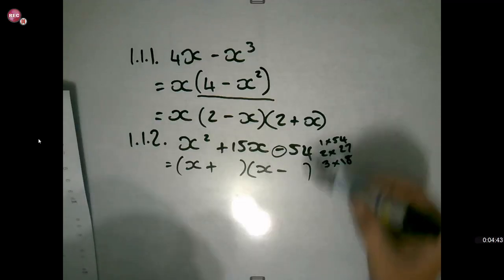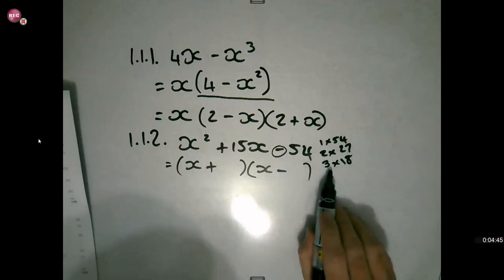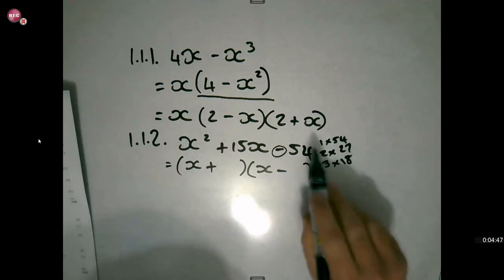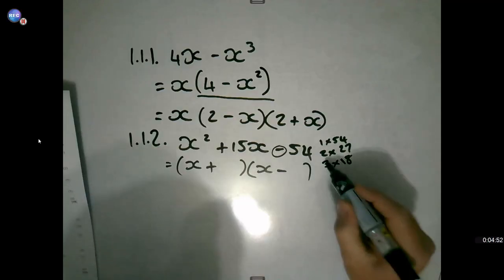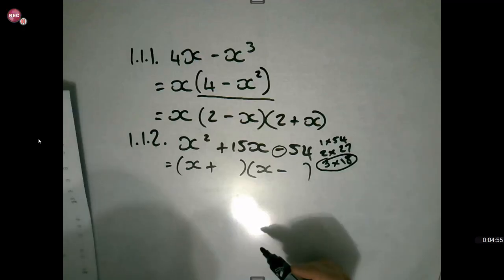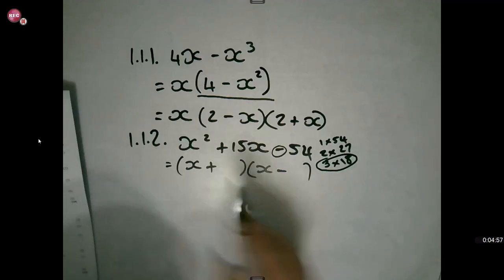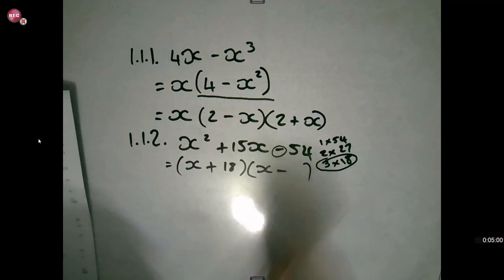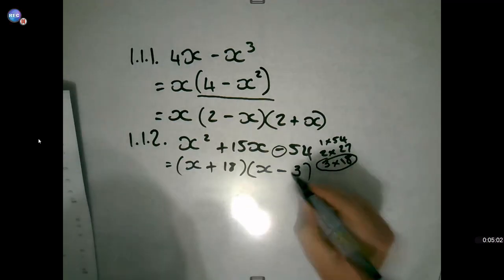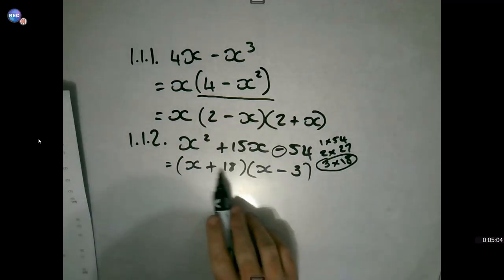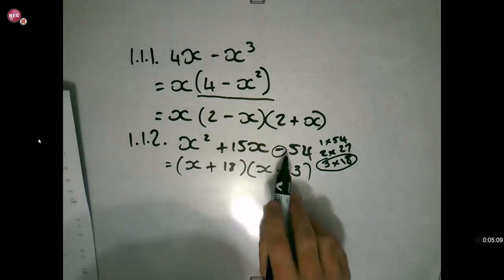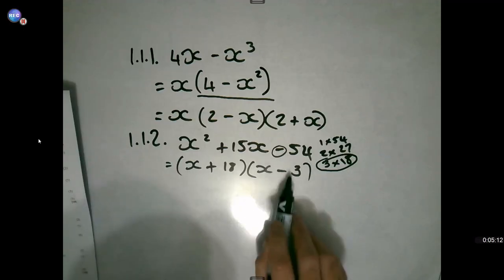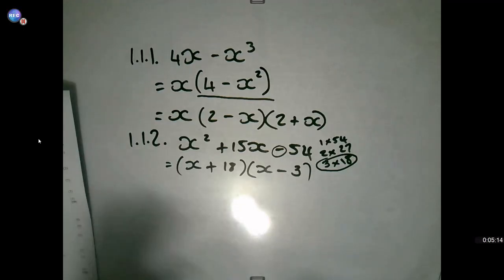So once you've found your factors, you need to see which pair can I add together to give me positive 15 in this case. In this case, you can use 3 and 18. But remember, you're looking for positive numbers. You have to put the highest number with the positive and then the lowest number with the negative. So 18 minus 3 gives me positive 15. Positive times a negative is a negative. 18 times 3 gives me 54. There, done, dusted, sorted it out as quickly as possible.